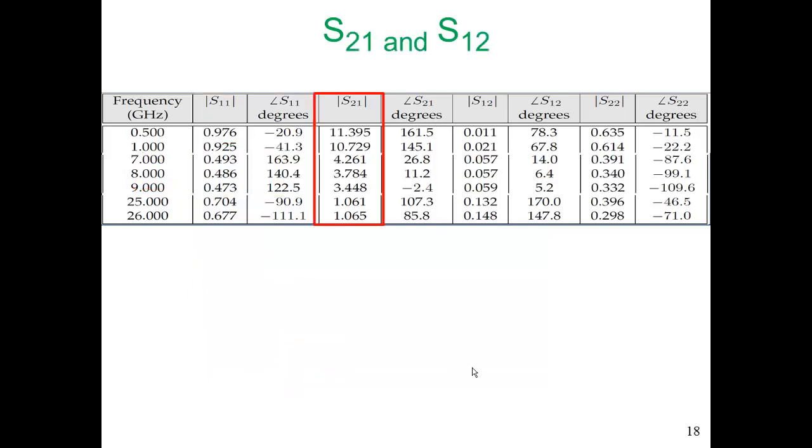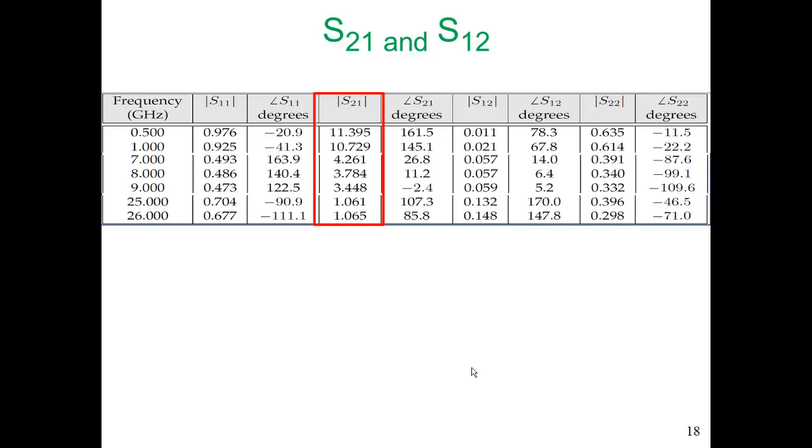So let's move on and look at another S parameter here. We'll look at S21 and S12 provided by the manufacturer. S21 is related to the intrinsic gain of the device. The actual gain of the device will be different from S21 or S21 squared if we're going to be talking about power, because we have input and output matching networks which can be used to do impedance translation, so we actually get some gain from that.